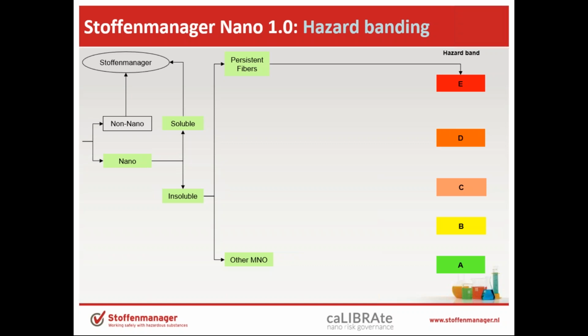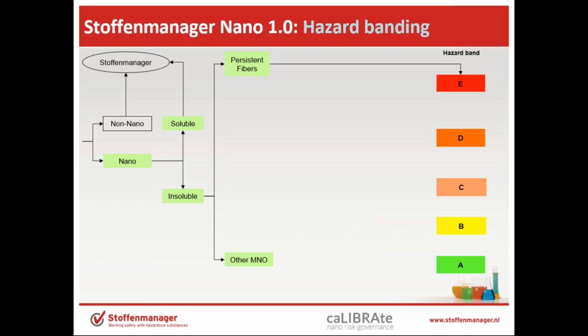Next, the tool asks whether the substance consists of persistent fibers via a set of questions. If it consists of persistent fiber, the tool automatically allocates your hazard to the hazard band E.